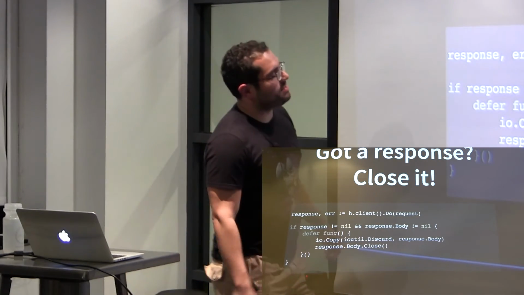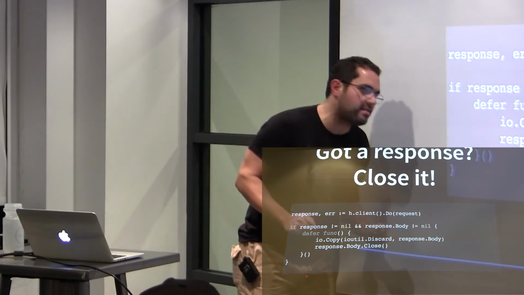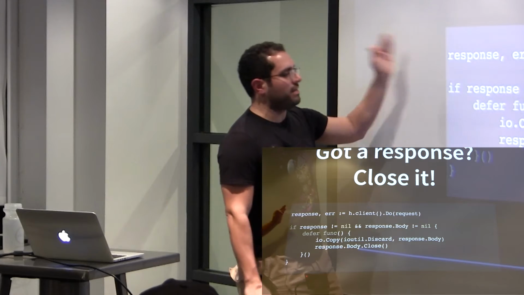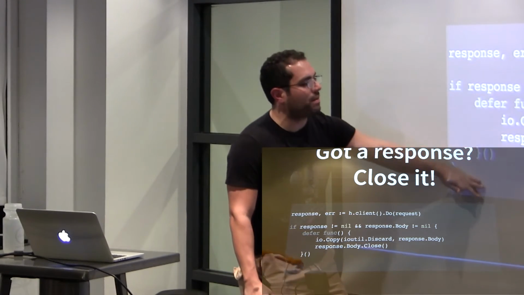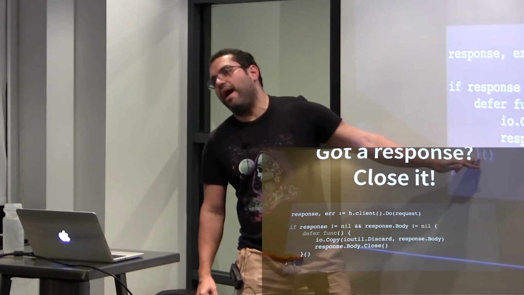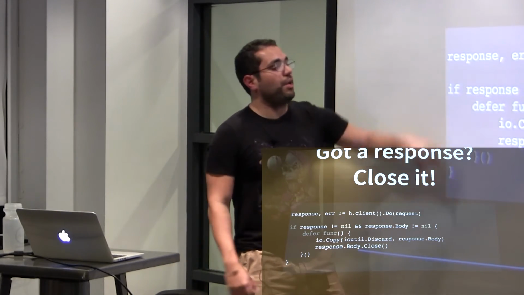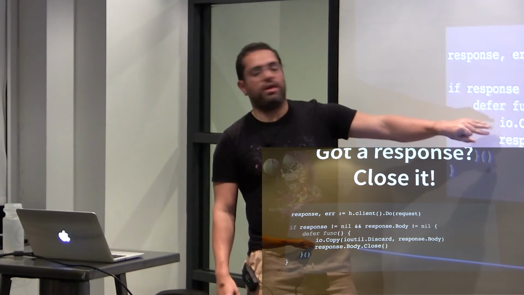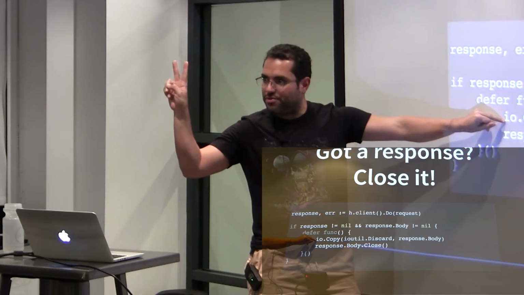If you get a response, close the response. If you're making an HTTP request and there is a response in here and there is a body, go there and close the body. If you don't do this, it's going to be alive and it's going to wait for the other side to close the connection, and you will not reuse this connection. So you have two steps to do here.